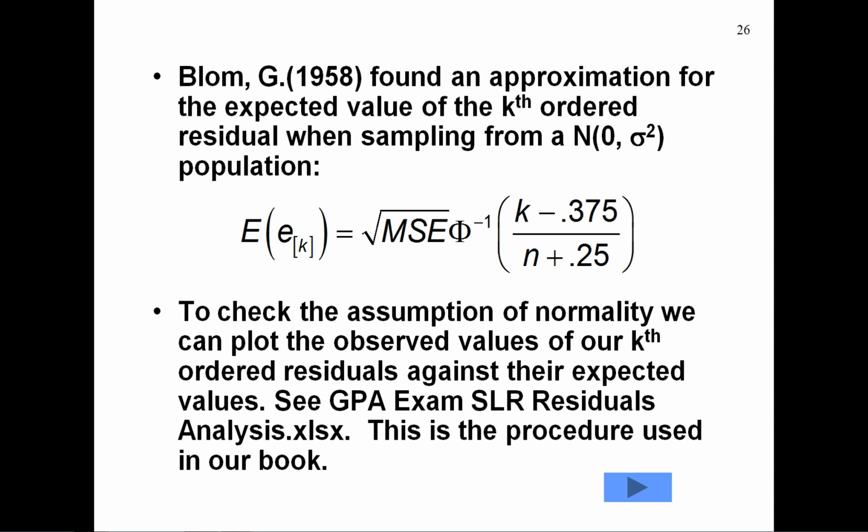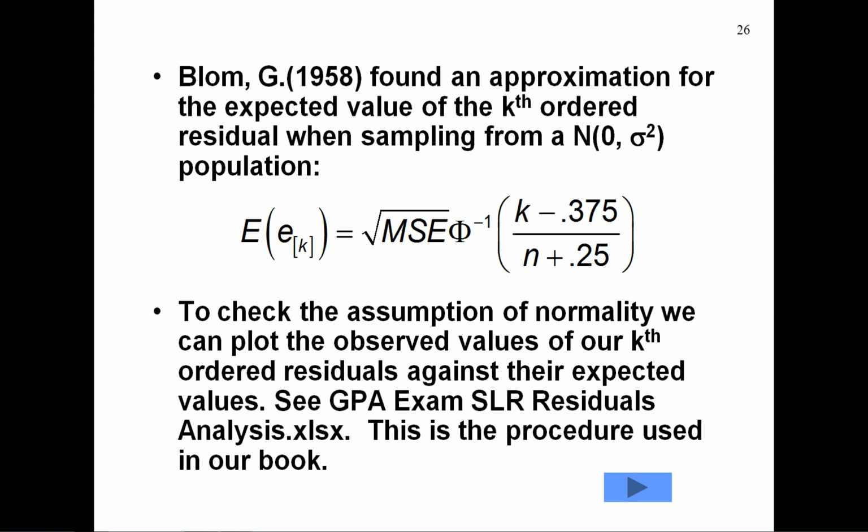And so what we need to do in this case is compute (k minus 3/8) divided by (n plus 1/4), find the value associated with the inverse CDF of the standard normal distribution, and then multiply that by the square root of the mean squared error to find this expected value.